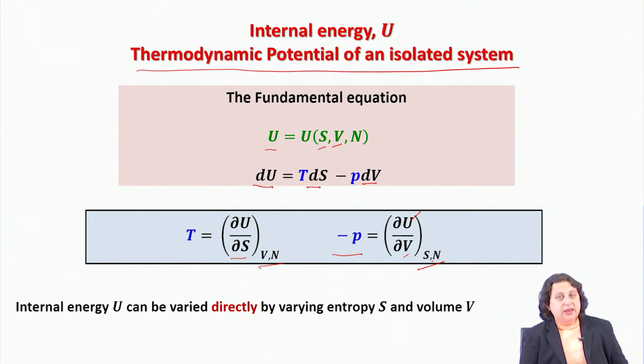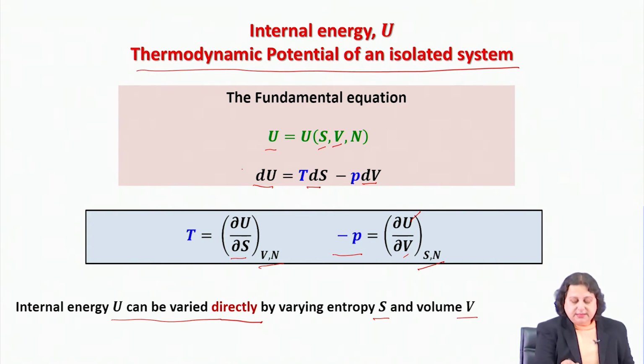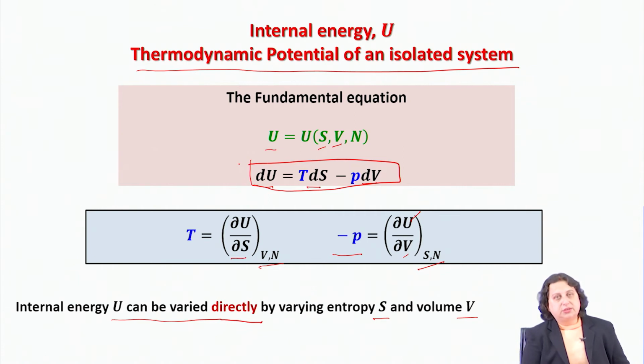We can understand that here I can vary internal energy directly by varying the entropy and volume. This conclusion follows from this particular equation. It says that if I use S and V as my independent variables, then U is a dependent variable, and U can be varied directly by varying dS and dV.